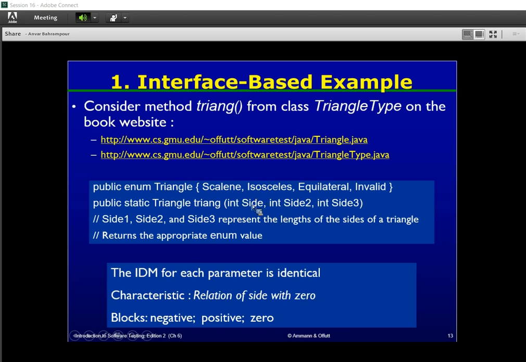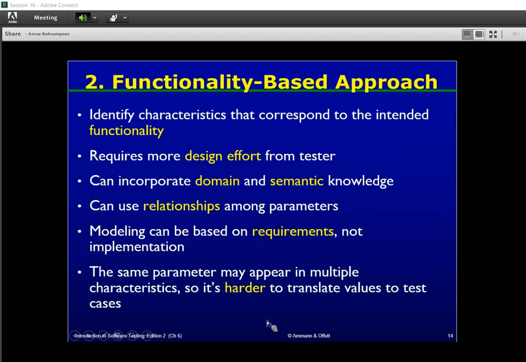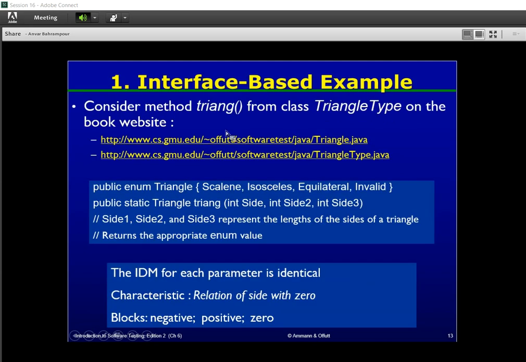So for this parameter, we have 3 blocks, and so for this parameter and this parameter. Okay, we have 3 blocks: negative, positive, and 0. Let me consider all partitions that could be considered in this approach.